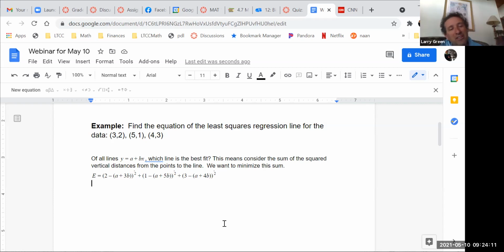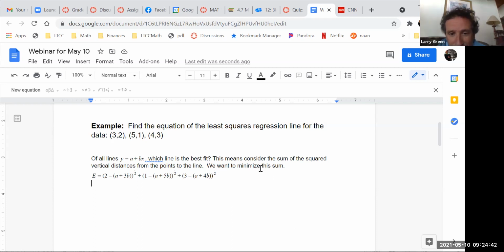If we want the best fitting line, not just any line, simplify, you could, but simplify is not what I have in mind. Think about the whole point of this class. Starts with a G. Yeah, take the gradient. We want to find out the minimum error. Want to minimize that error.